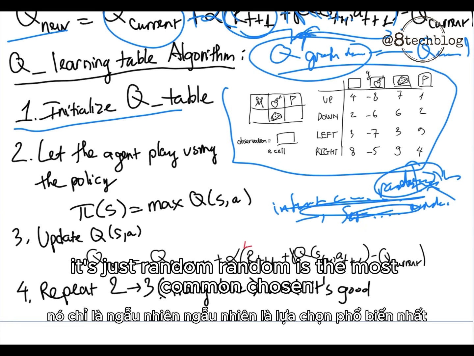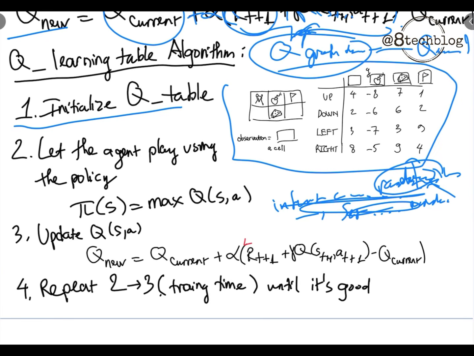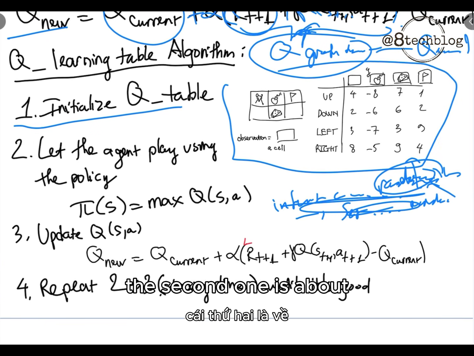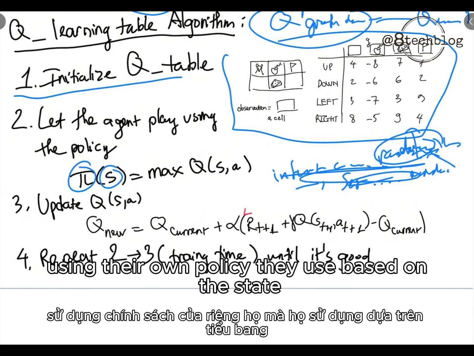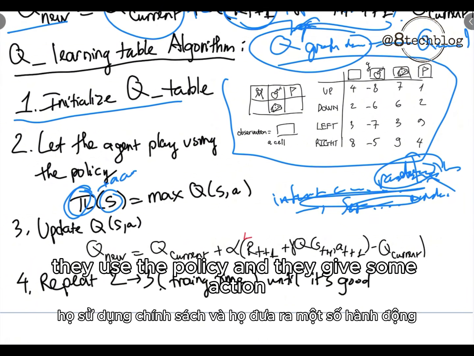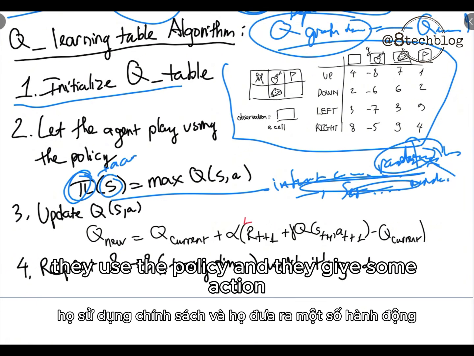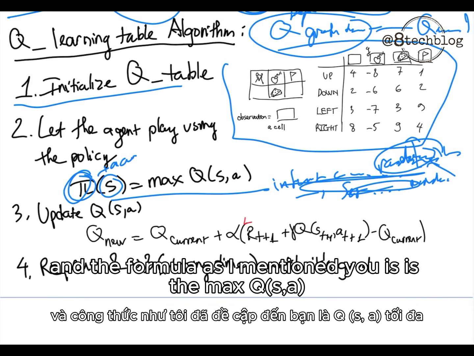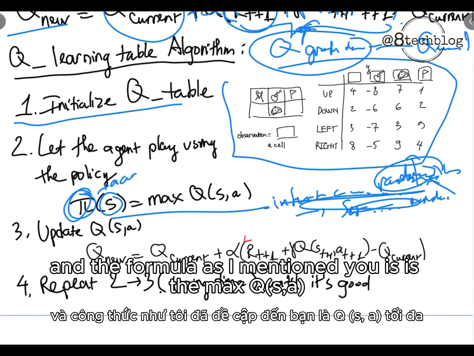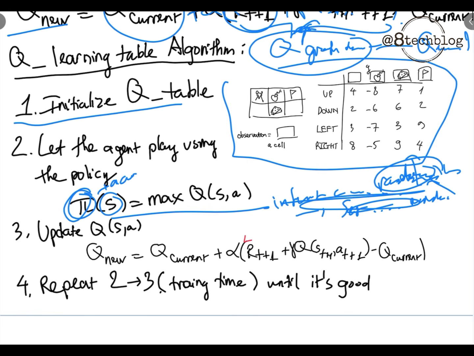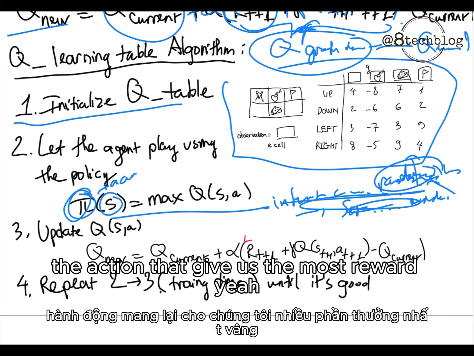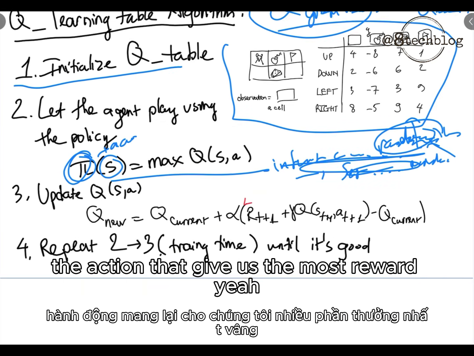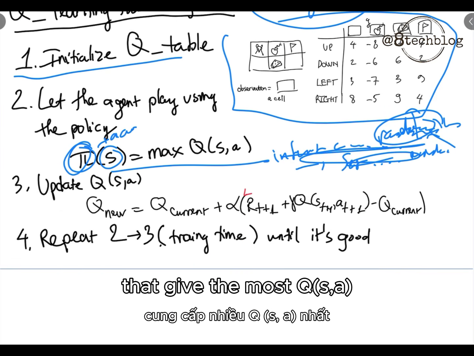Random is the most commonly chosen. The second one is we need to let the agent play the game using its own policy. Based on the state, they use the policy and give some action. And the formula, as I mentioned, is the max Q(S,A), right? We choose the action that gives us the most reward, that gives the most Q(S,A).